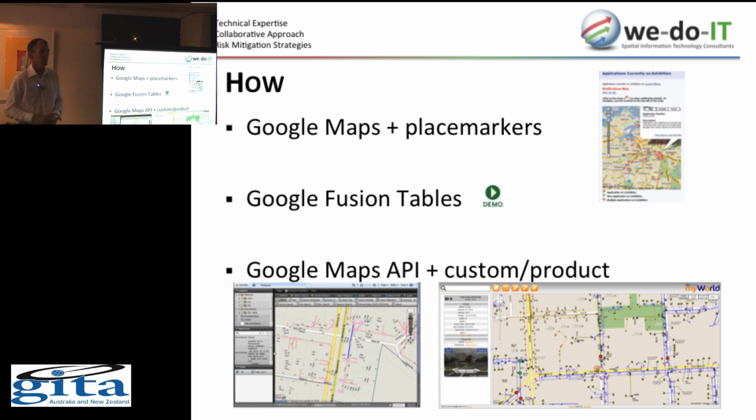Just to clarify on the 3D point, are you referring to 3D databases with the volume inside, or what do you refer to as 3D? Well, Google Earth gives you 3D visualization, and my point is that there are very few times when that is genuinely useful from a business point of view.